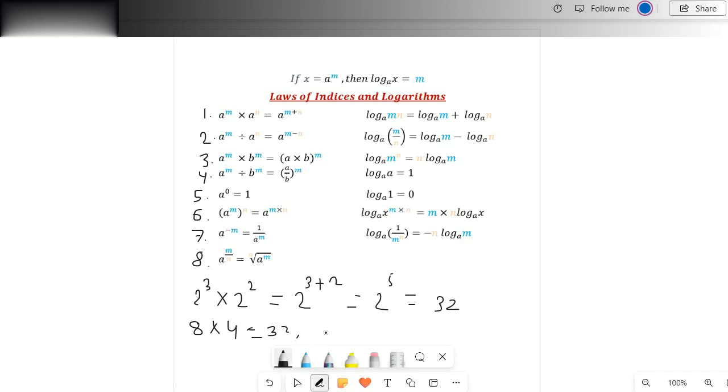And for the second one, we have 2 cubed divided by 2 squared, and we are supposed to get 2 to the power 3 minus 2, which is 2 to the power 1 or 2. And if you see, 8 divided by 4, we should have 2 itself.